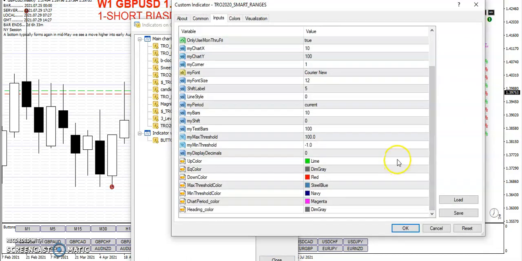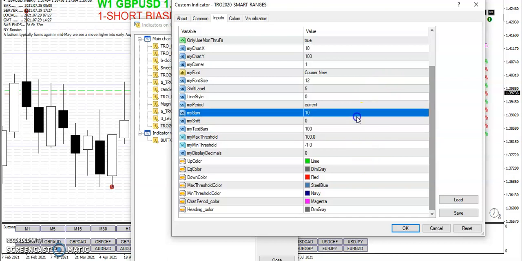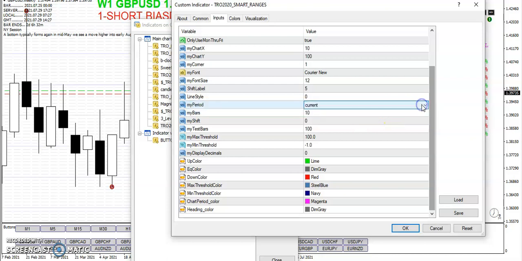Let's go back to show current test bars. Why did I say test bars 100? Oh, that's right, test bars 100. My bars, period current. Okay.